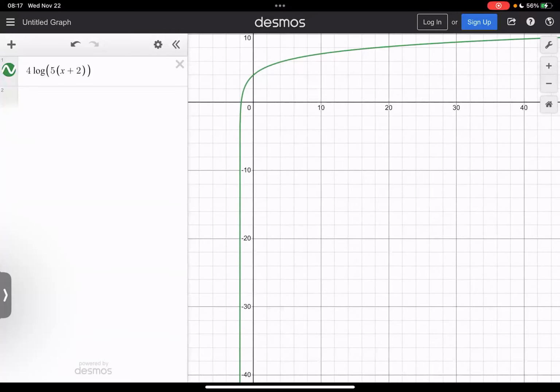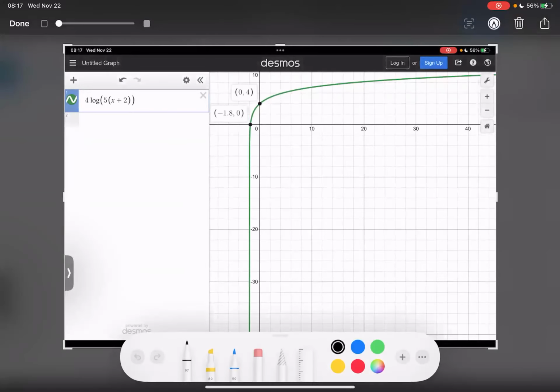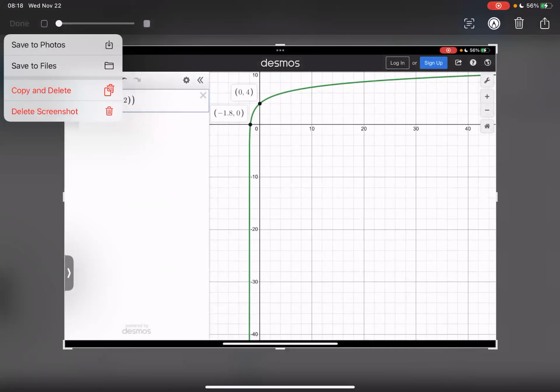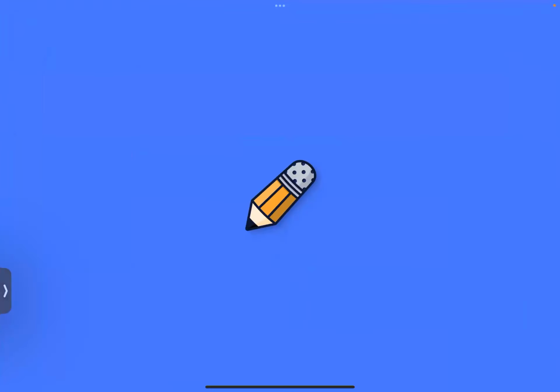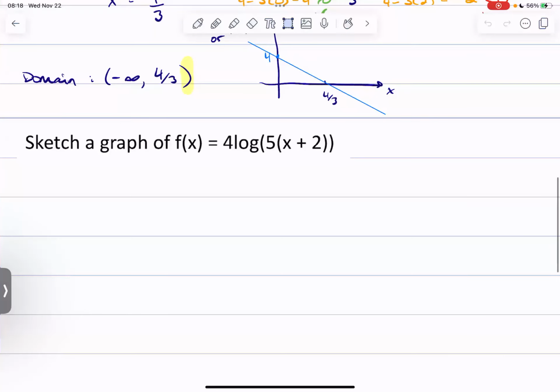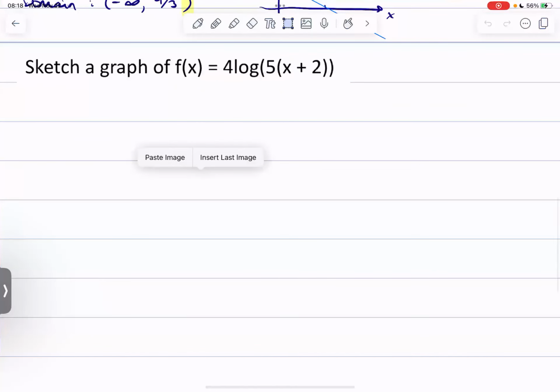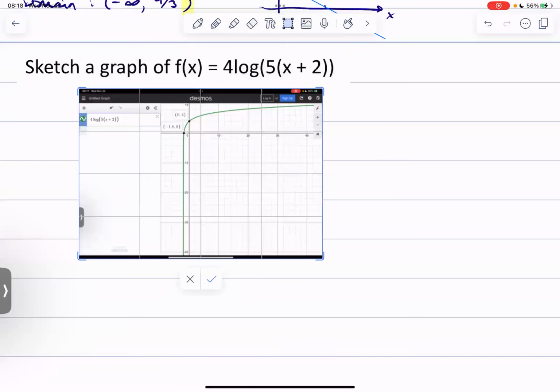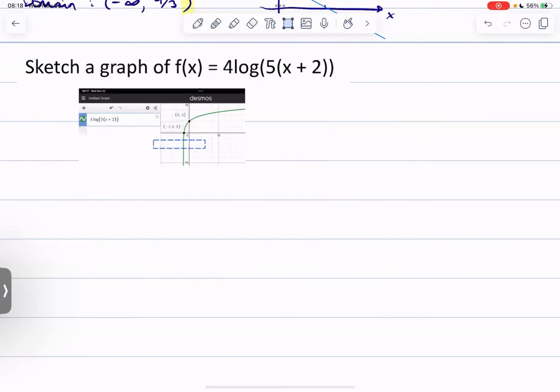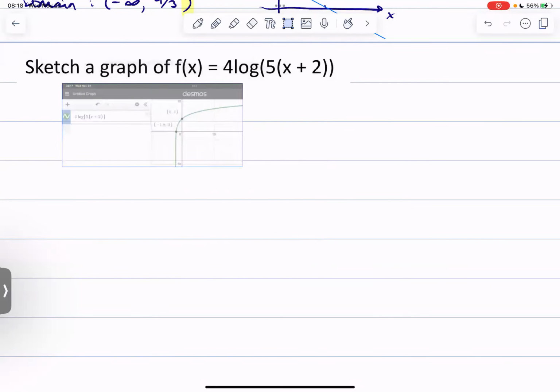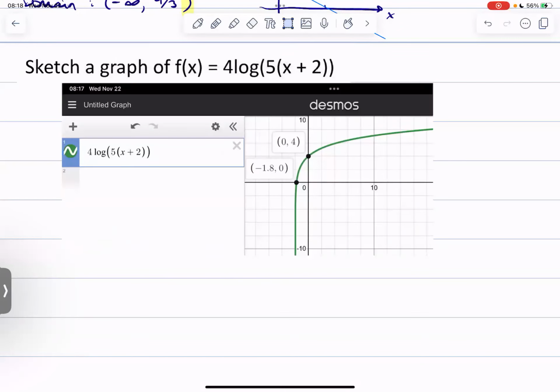Let me take a screenshot. Let me keep these points on there. Save. We can bring this in so we can draw on it. Okay. So now we have a different y-intercept. In fact, we have a y-intercept, which we didn't have before.